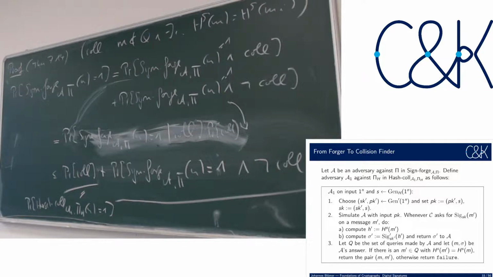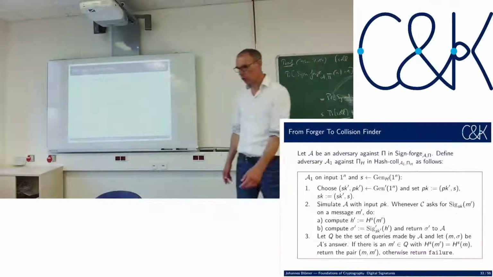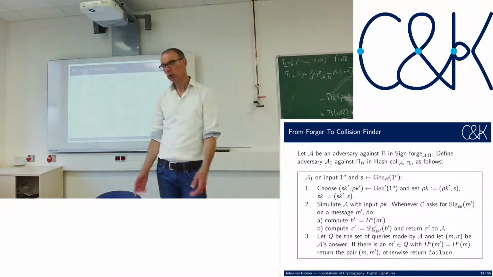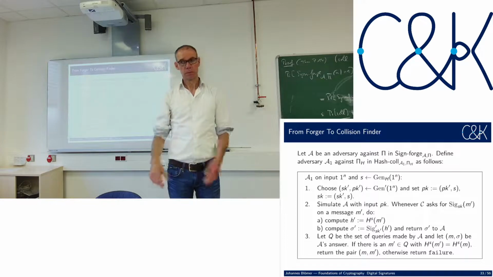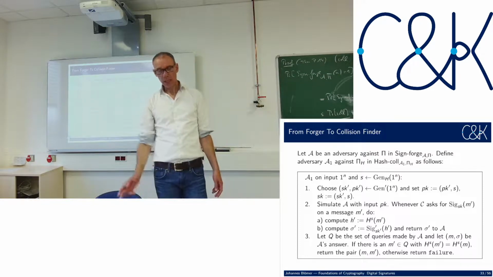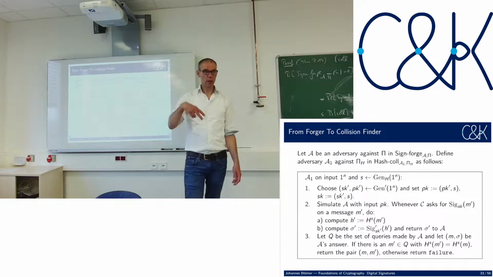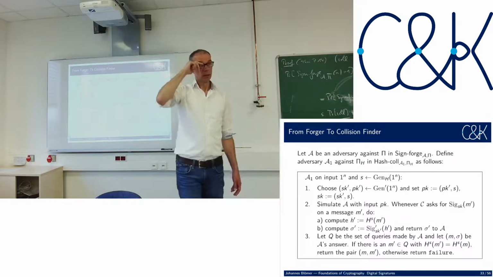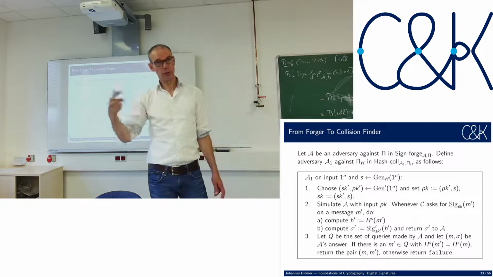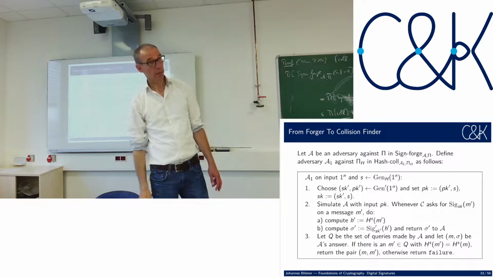Okay. So that's this part here, and now we need to analyze the other part. So now we have to use our A to construct a forger against pi prime. And again, when we simulate A, it will ask signing queries. But this time we will also be able to use our challenger for pi prime.